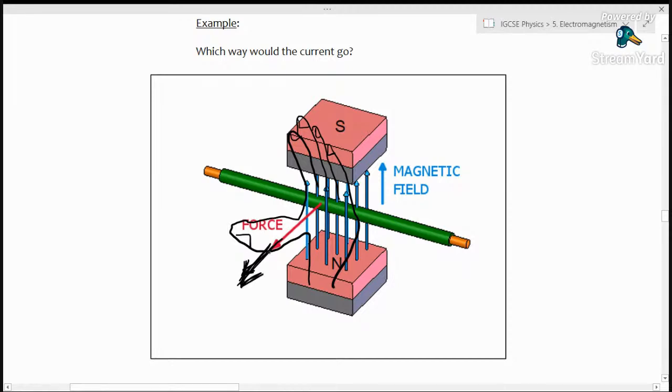So this is the way that we're moving this piece of wire through the field lines. And then we look at which way our palm is facing. Now we can see that our palm is facing in this direction, which means the current will go in this direction.